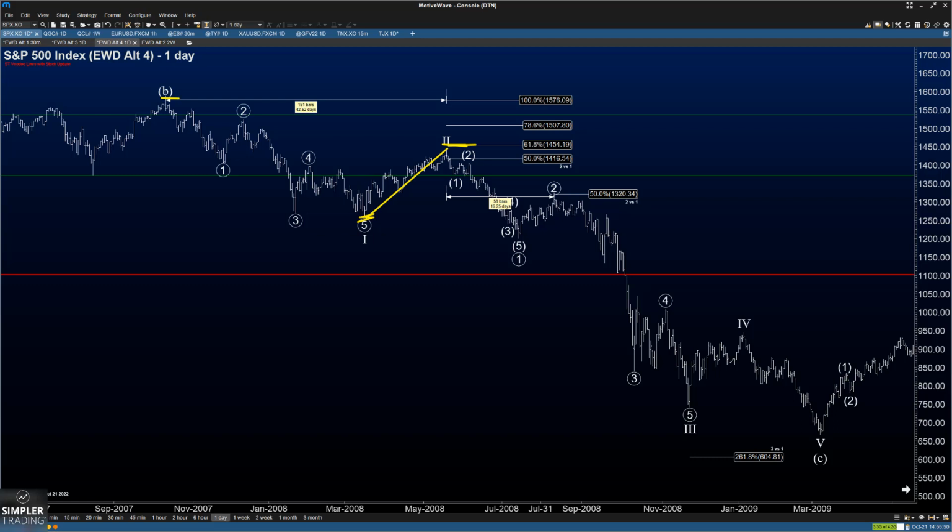Now, to do that in log scale is a little bit different, and many platforms don't do this. But if you wanted to calculate the 61.8% retrace in log space, you would take the logarithm of this high and the logarithm of this low. You'd subtract them from each other to find the difference in the log space.